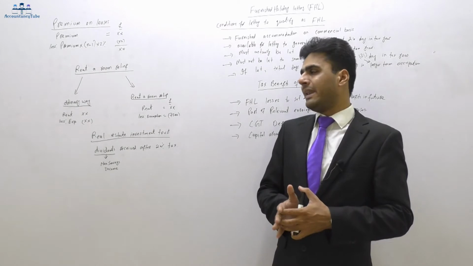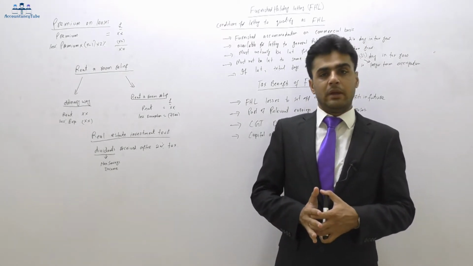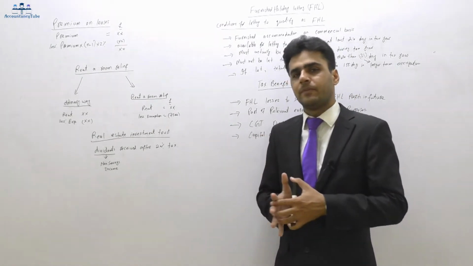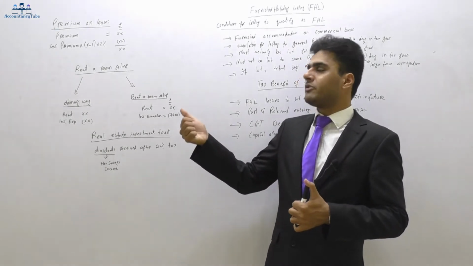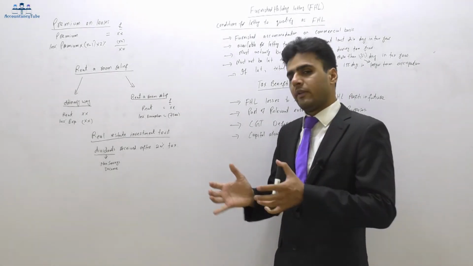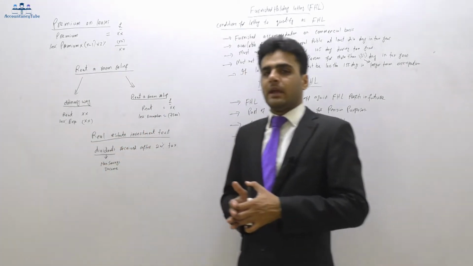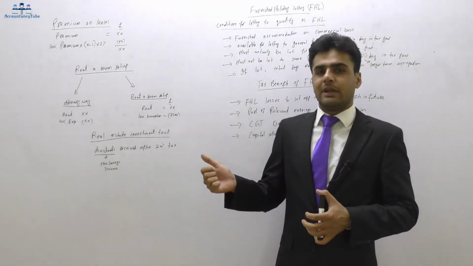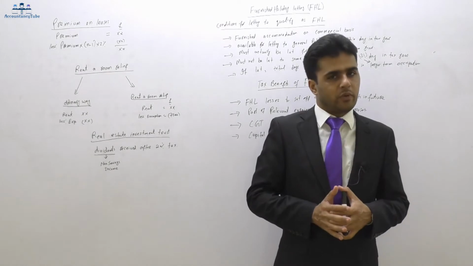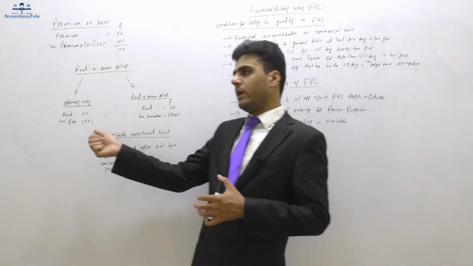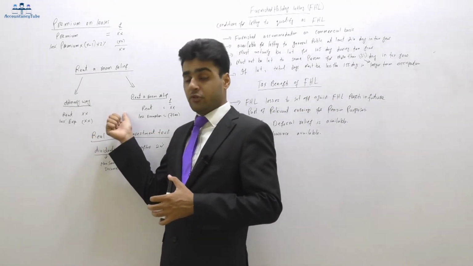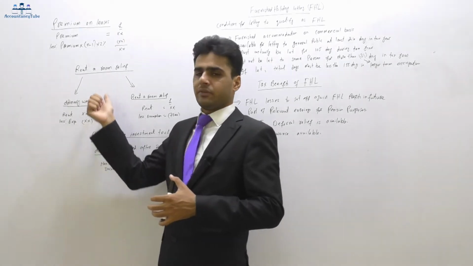Now when I am earning the income, of course I will have to pay the tax on that. Now rent a room relief is a way to calculate the tax. So whenever you have let the room to some tenants, for tax purposes, this calculation can be done in two different ways. One is the ordinary way, another one is the rent a room relief, which we are studying.